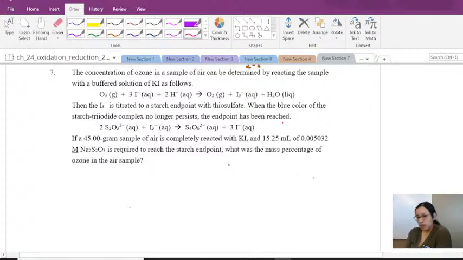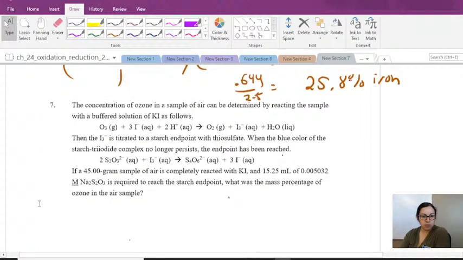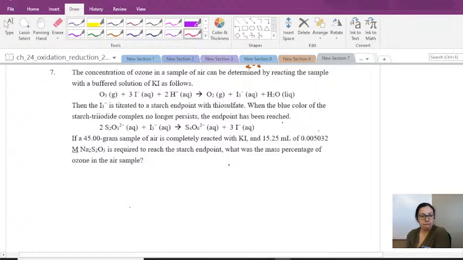So let's hear what we have. So what do we do? Yeah, go for it. Like the first problem we need to first convert the moles of Na2S2O3 into moles, so we can do stoichiometry.